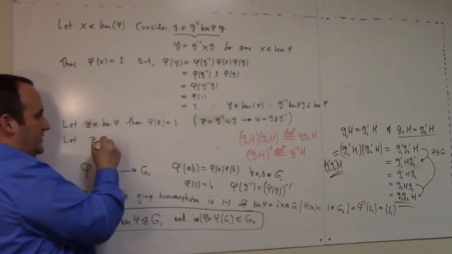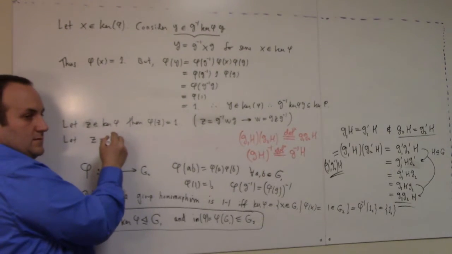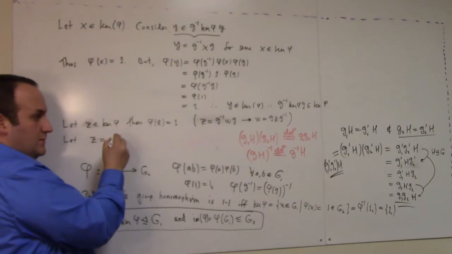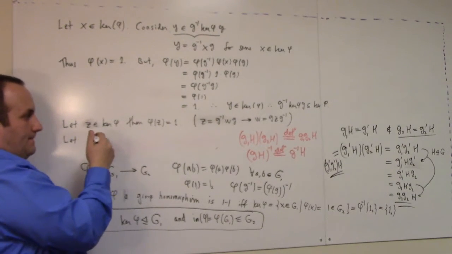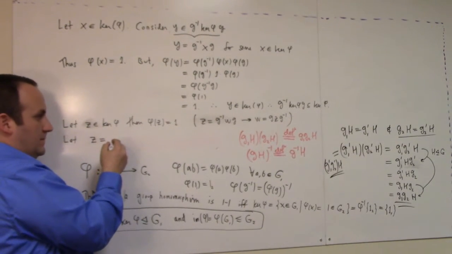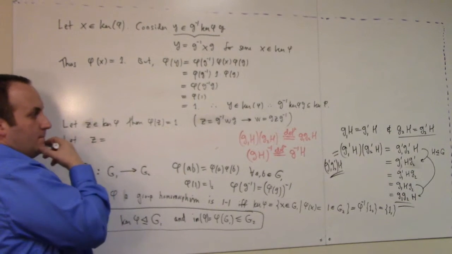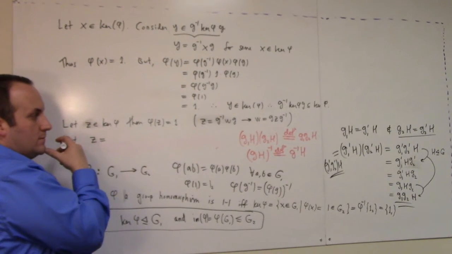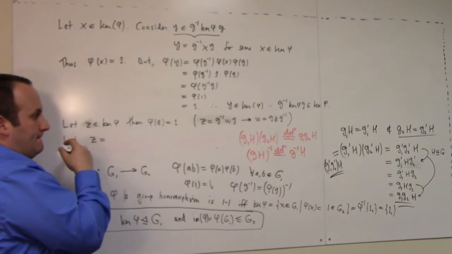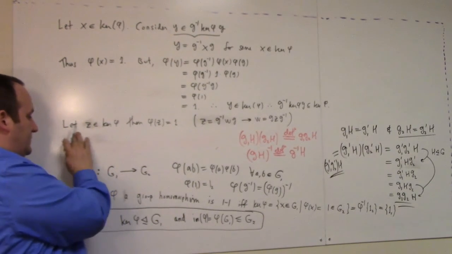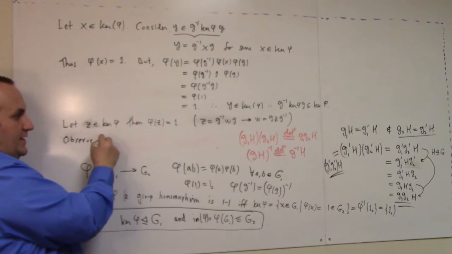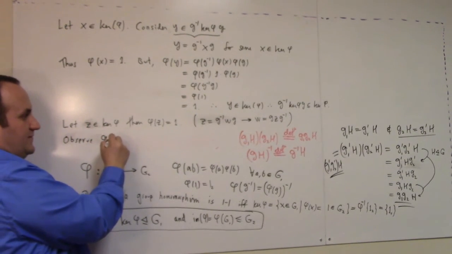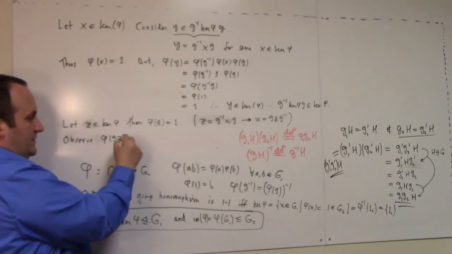So z is equal to what? Well, we want to show that it's g inverse w g where w is in the kernel. And so we're trying to show that if w is equal to g z g inverse, that's in the kernel. So phi of w is equal to 1. Oh, okay. So yeah, it's certainly true that phi of w is phi of g z g inverse.